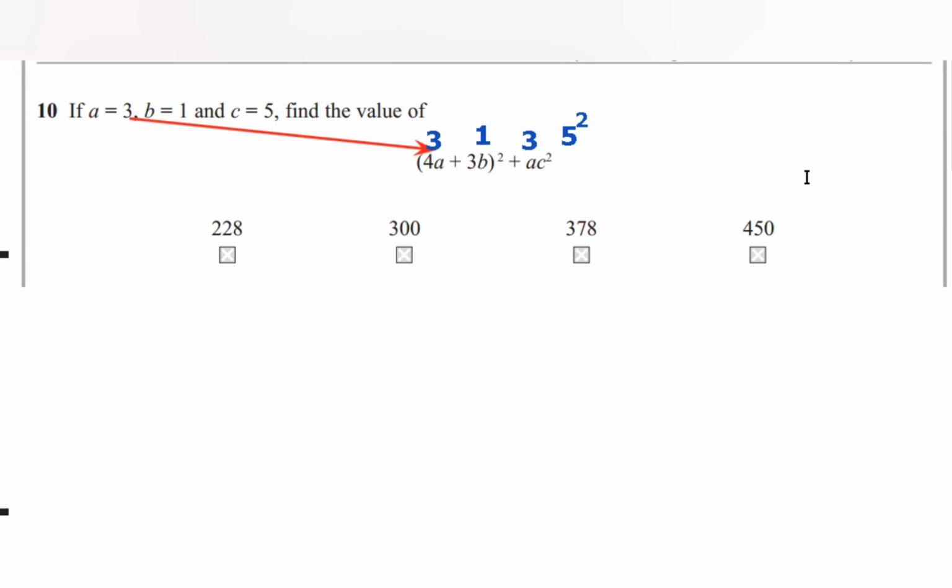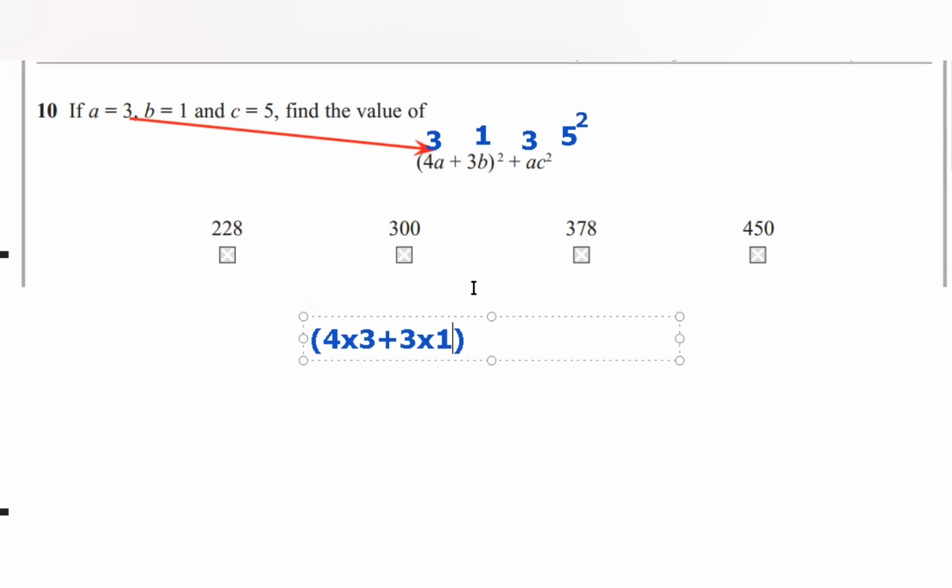Now let's write the formula again as it is. So we have a bracket. Let's make it the same as it was. Bracket. We have 4 inside multiplied by 3, so times 3. And then plus 3 multiplied by 1, which is the B. As I said, I removed the variables and put these values instead of them.